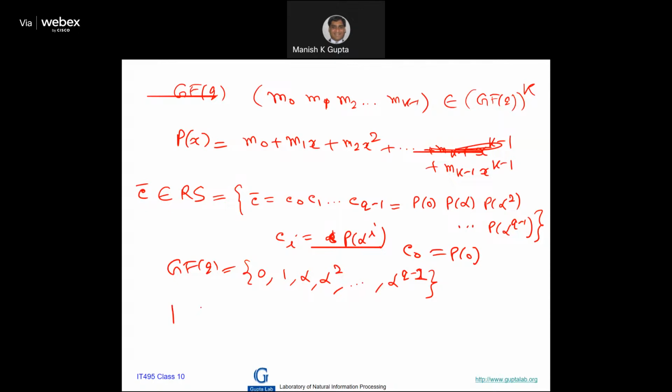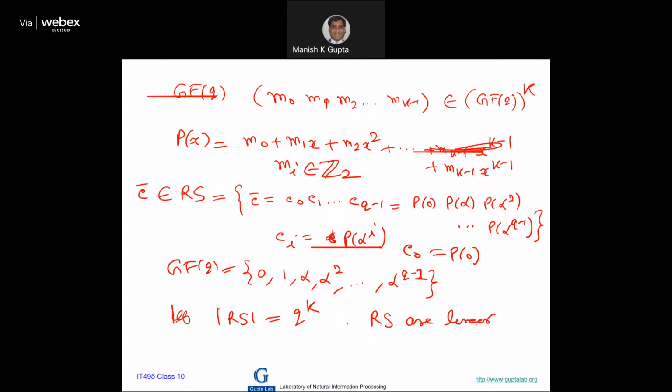So size of C. Now you know that these Mi's belong to Z2, right? So how many possibilities are there? We know that the size of the Reed-Solomon code will be Q raised to power K. One can show that Reed-Solomon codes are linear codes.